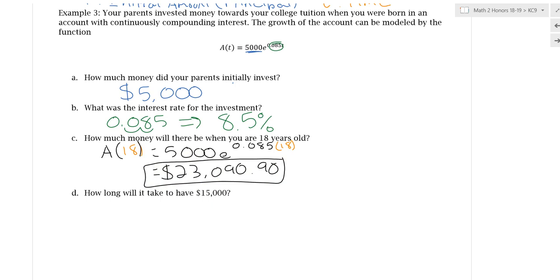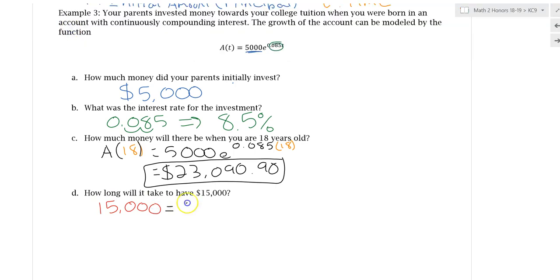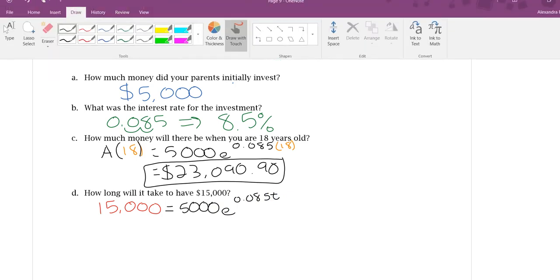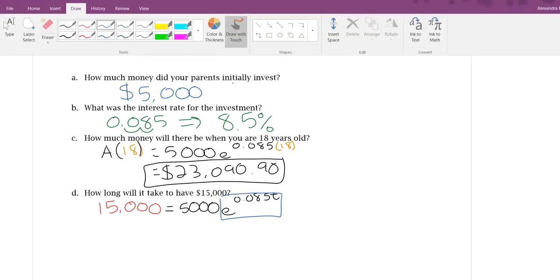So for D, how long will it take to have $15,000? Okay, so now I know the amounts. So we want to get what's being raised to the exponent by itself. E is my base, that's my exponent.